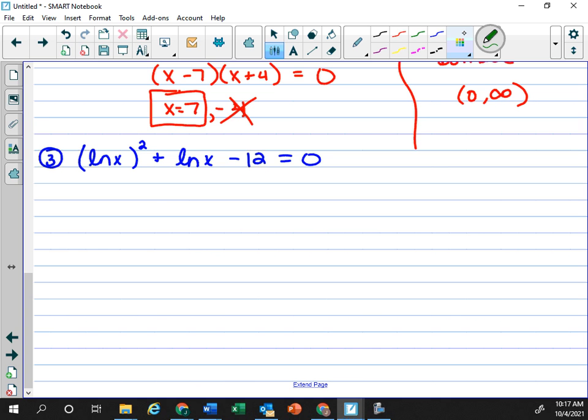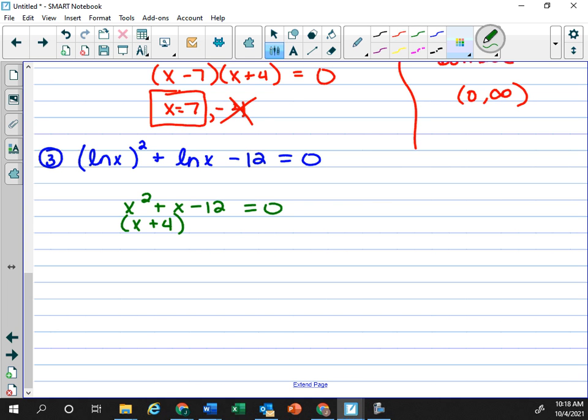Okay, don't be scared by this one. This is just a trinomial. If I gave you x squared plus x minus 12 equals 0, could you solve that? Yeah, what would you do? What does it factor into?